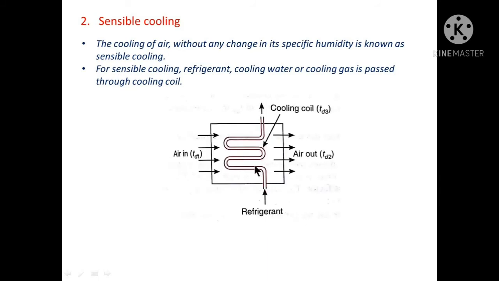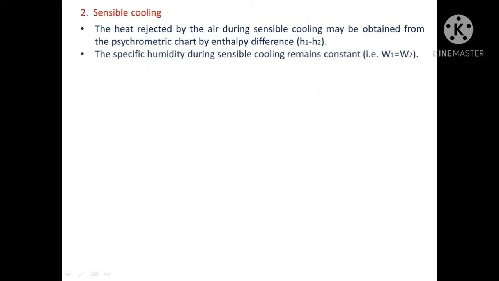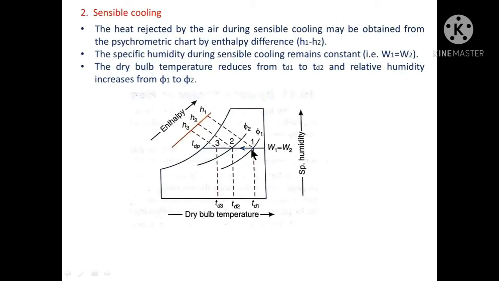The air entering the cooling coil is at temperature T1, the cooling coil is at temperature T3, and the air leaving is at temperature T2. So the air is cooled, its temperature reduced from T1 to T2, at constant specific humidity W1 equals W2.